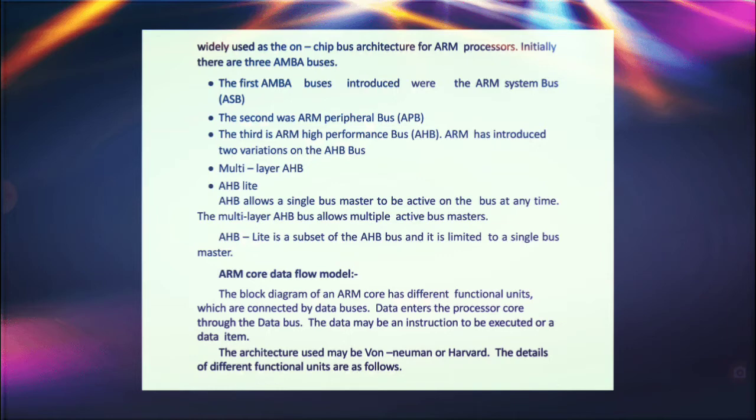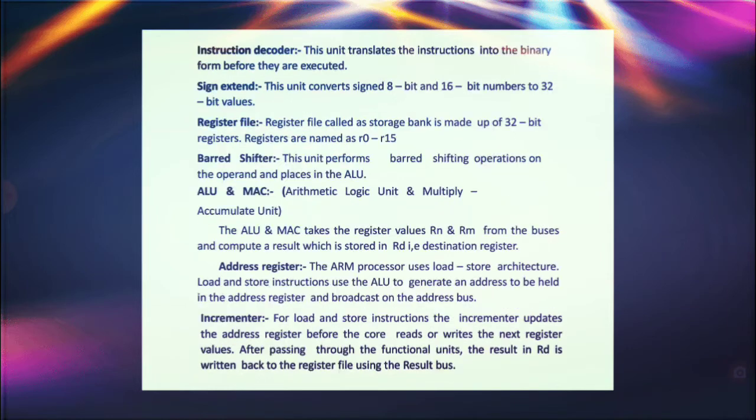The details of different functional units are as follows. First one, instruction decoder, sign extend, register file, barrel shifter, ALU and MAC, multiply and accumulate unit.